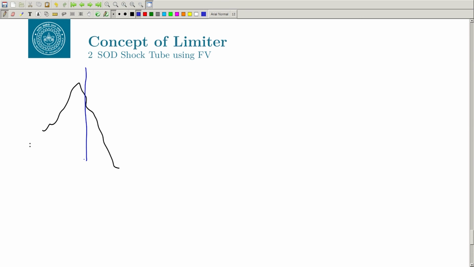If you start calculating the gradient, basically del u by del x, let us say this is my cell, and you will get a gradient which is going like this. This is my du by dx which is going positively. If you reconstruct and go to the face, your new value is u plus del u by del x, this much, but actually your value is quite low.